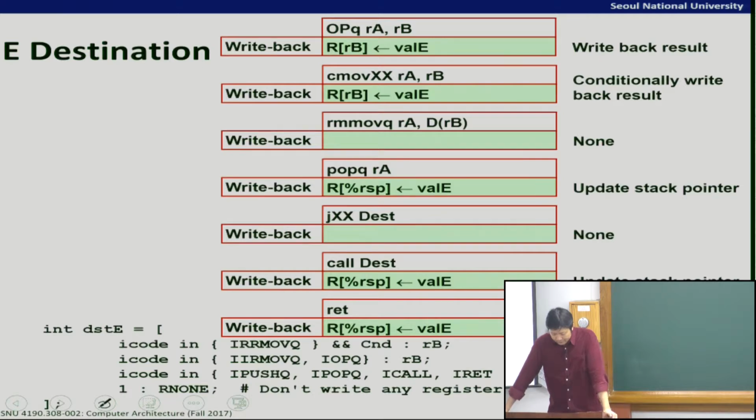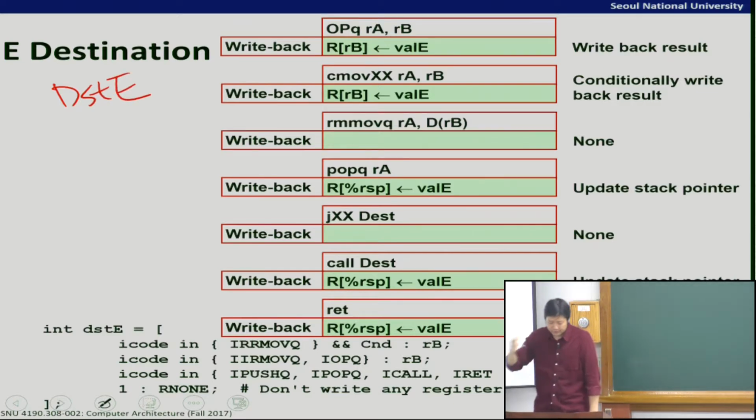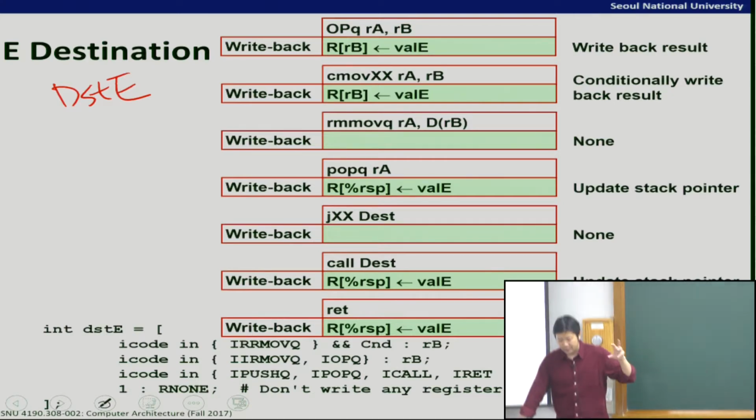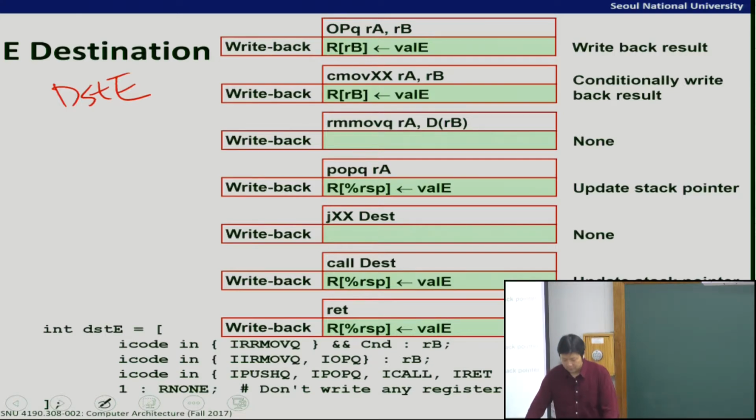And the second example is destination E, DSTE in the figure. How can we determine the destination register for write port E? Some instructions write the value from the execute stage to the register file.